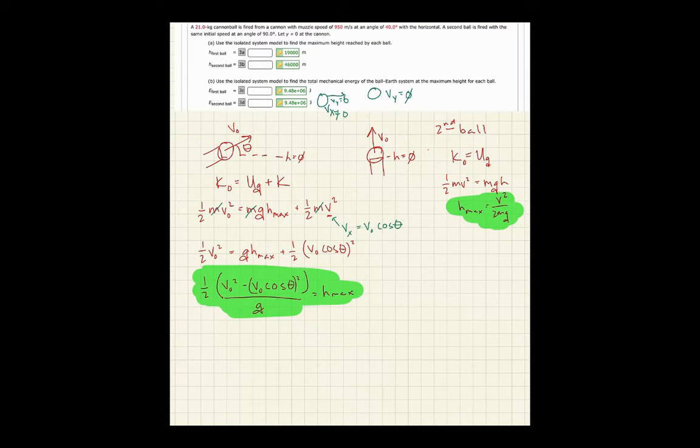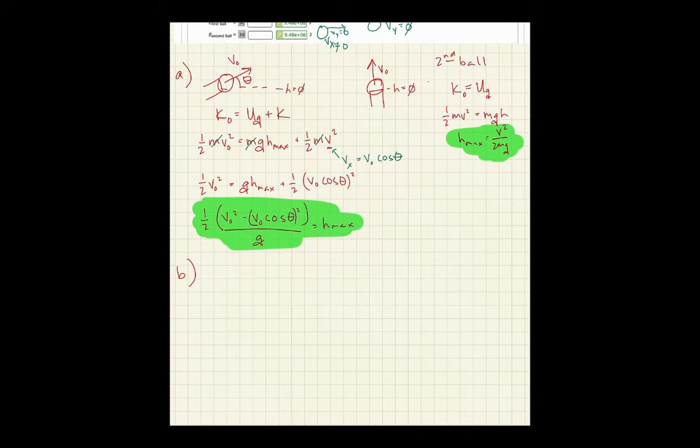Now, the second part gets even easier, actually, because it asks for the total mechanical energy at maximum height for each ball. For part B, it's actually just asking for one side of this equation. Let's take the ball that's fired at an angle, which is the complicated one.